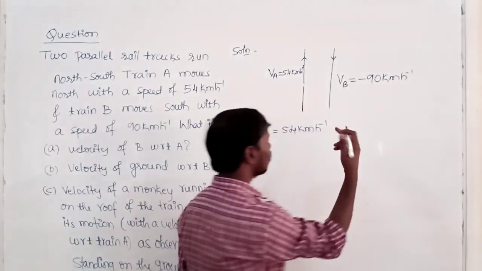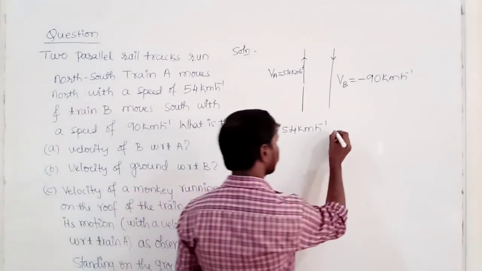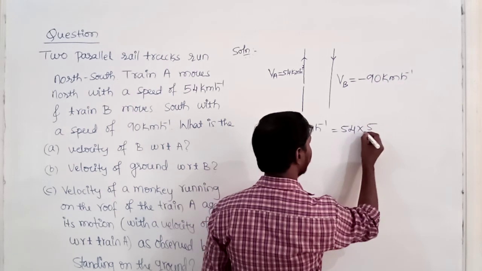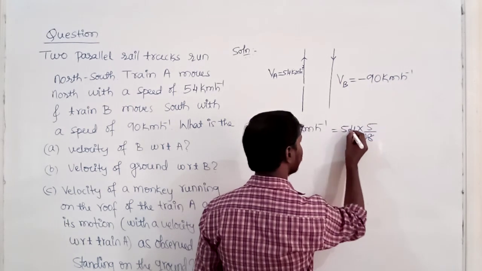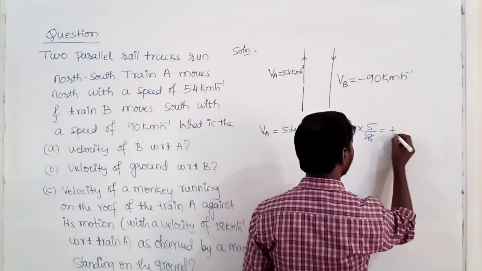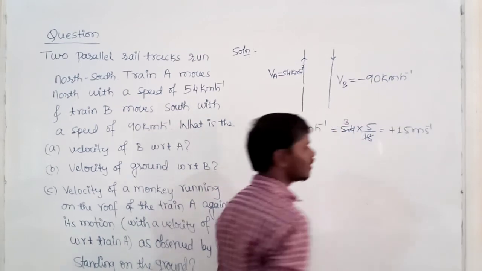Kilometer per hour to meter per second means we multiply by 5 by 18. Then 54 into 5 by 18: 18 3s are 54, and 3 5s are 15. So it is plus 15 meter per second.